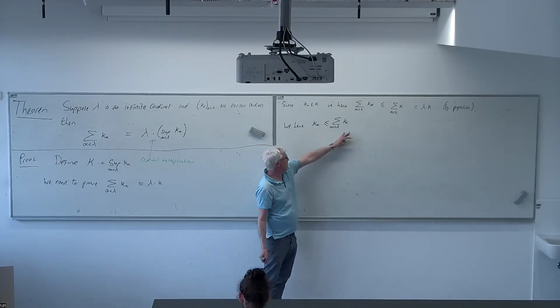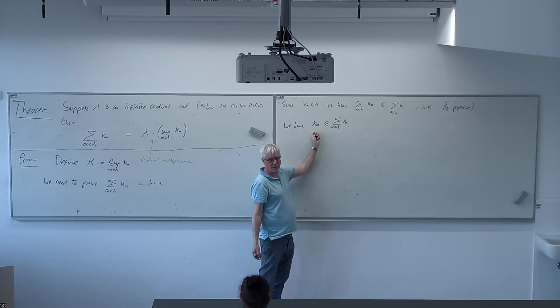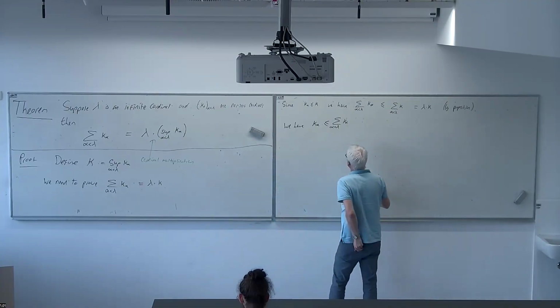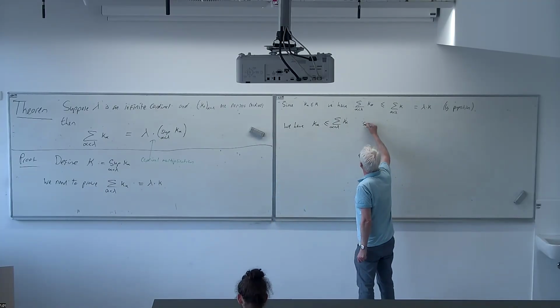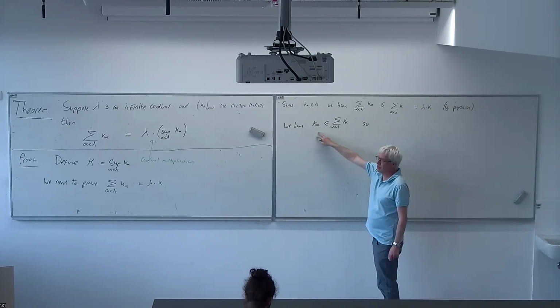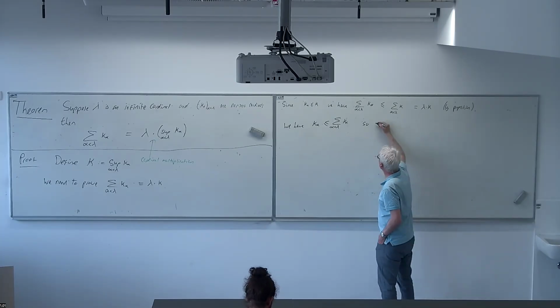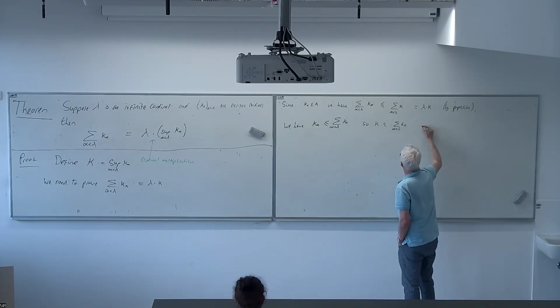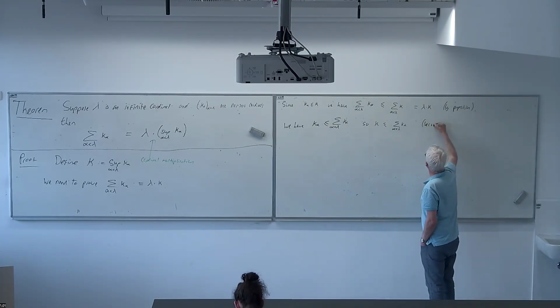If we view this as a co-product of all these sets, then this is just one component of it. There's an easy injection from here to here. So, because kappa is the supremum of the kappa alphas, every kappa alpha is less than or equal to this, so the supremum is also less than or equal to it. Kappa is less than or equal to the sum over alpha of kappa alpha, because kappa is a supremum.